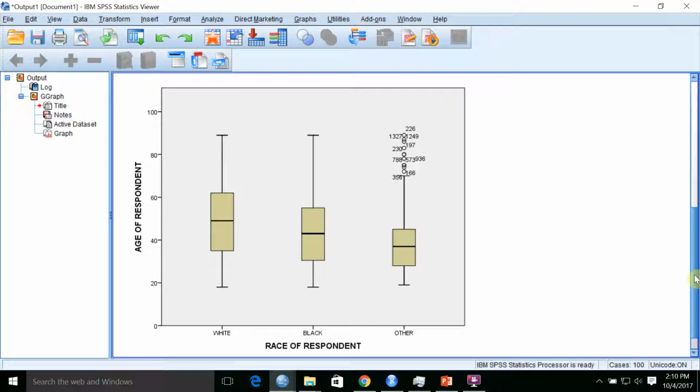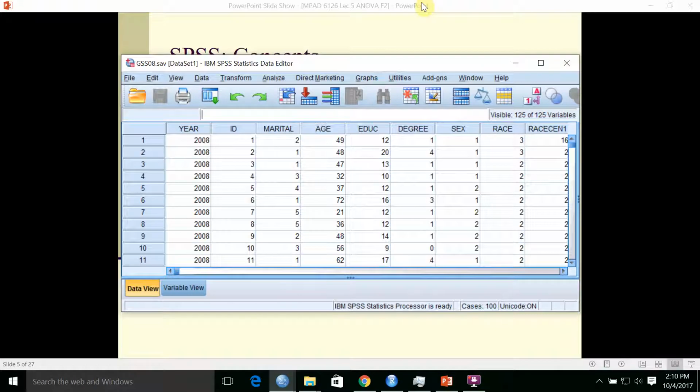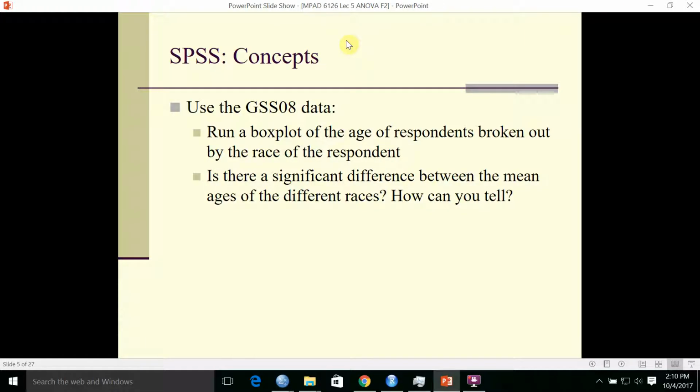So now we know that the mean value for white is slightly higher than black and slightly higher than other. The question is, is there any difference anywhere? Is there a significant difference anywhere in the data? So let's talk about the F test, and then we can run the statistical test to see if there is any difference anywhere.